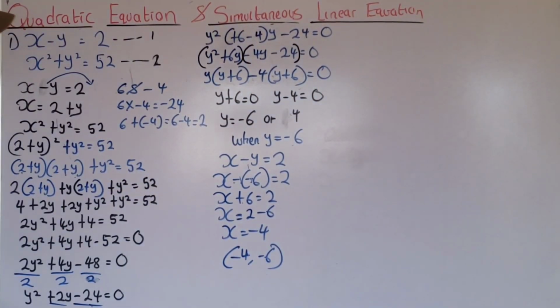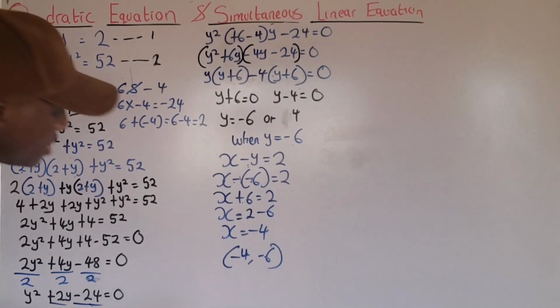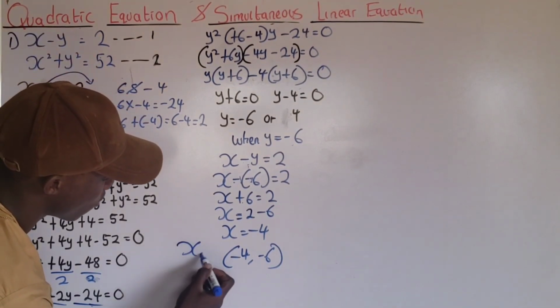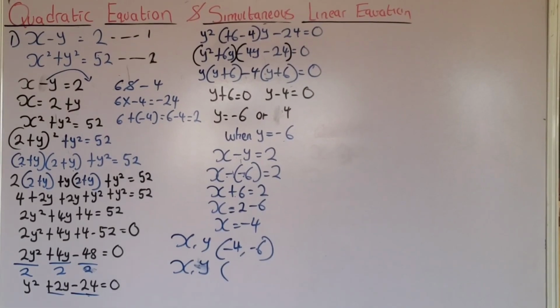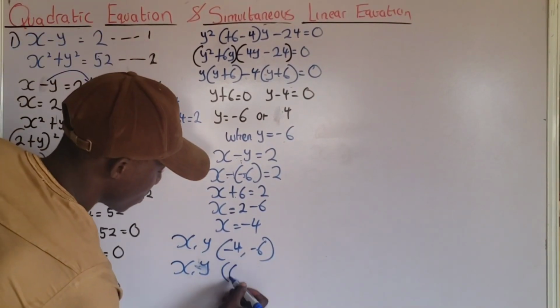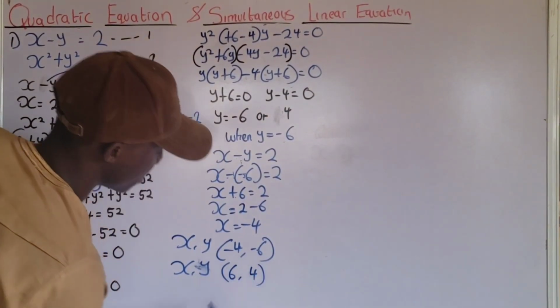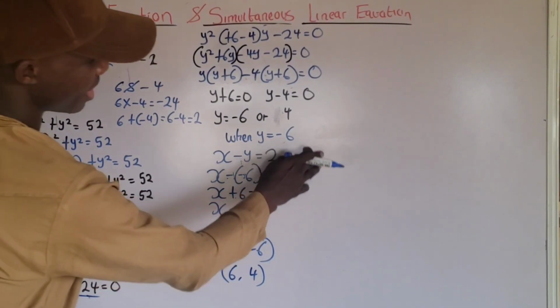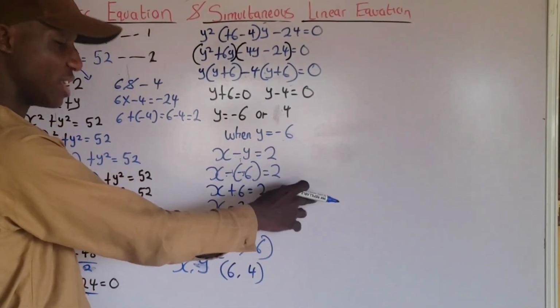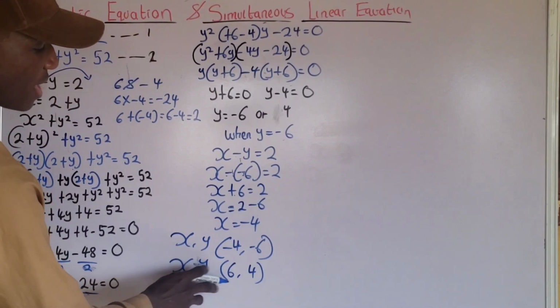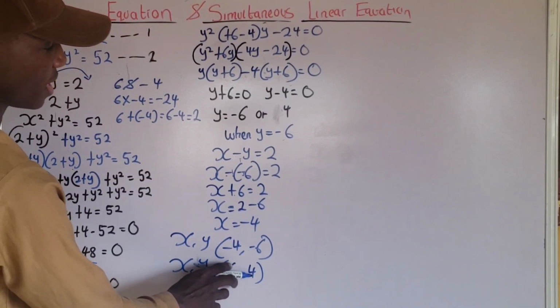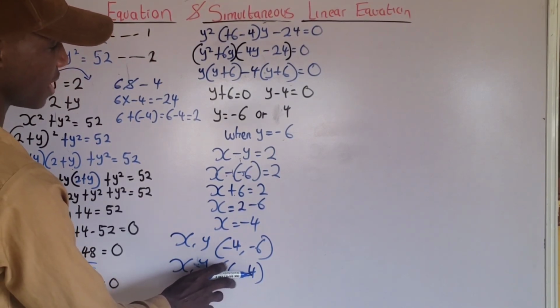So don't forget the value of x and y that we got in the first method. We got the values of x, y are -4 and -6. So the second is 6, 4, okay? You know, I cleaned the solution here, so I just rewrite the values of x and y. When y is 4, the value of x is 6.